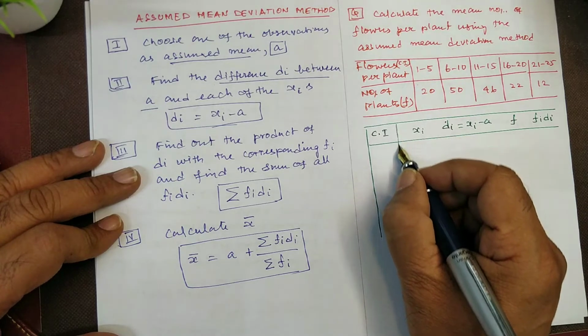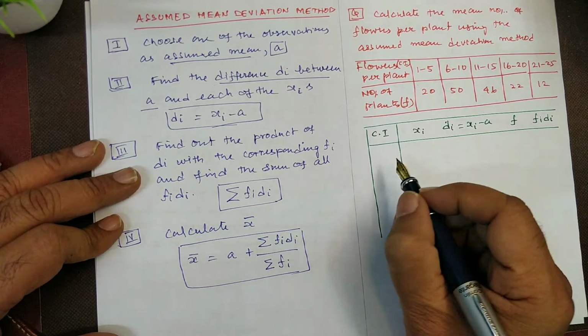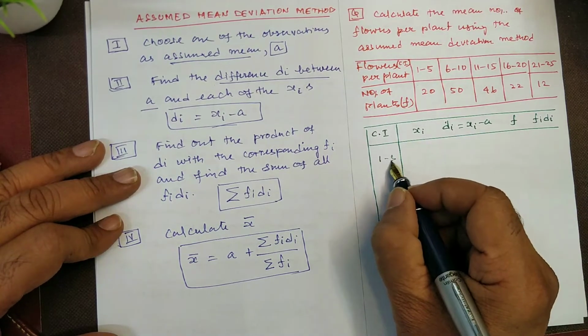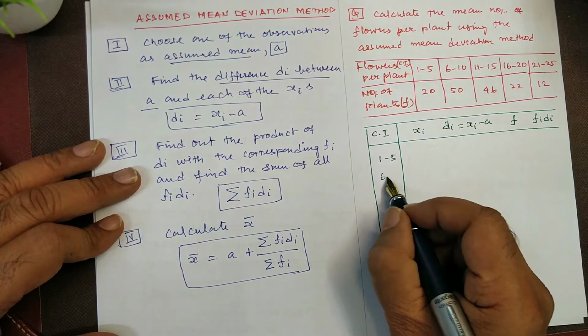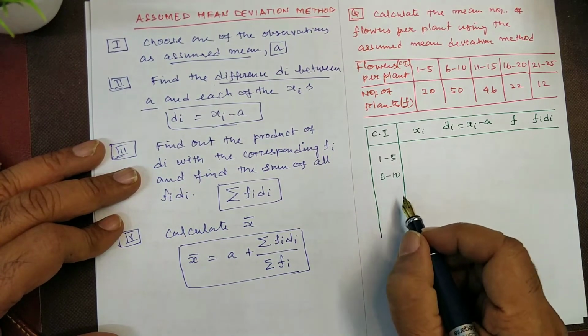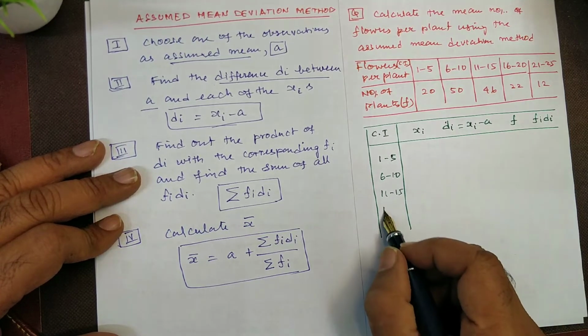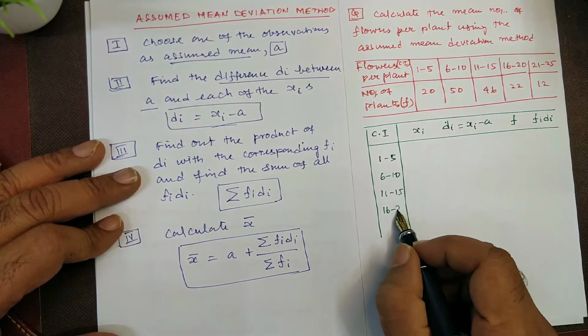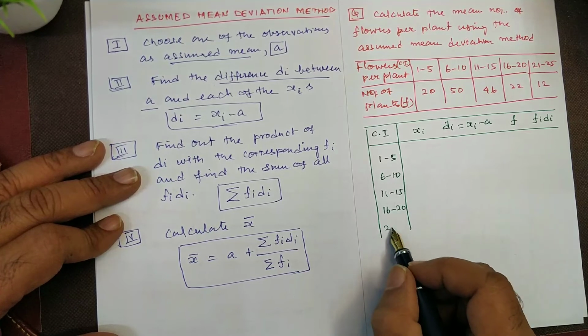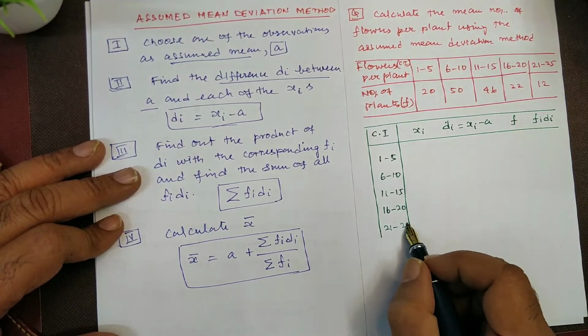The class intervals are 1 to 5, 6 to 10, 11 to 15, 16 to 20, 21 to 25.